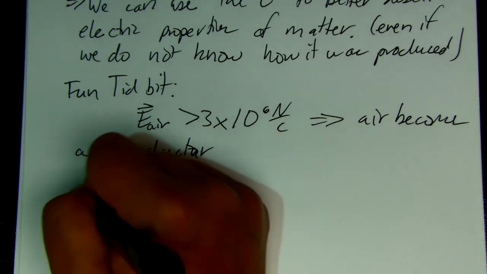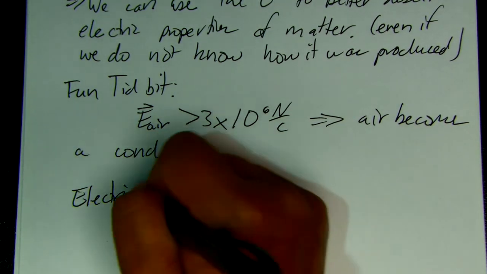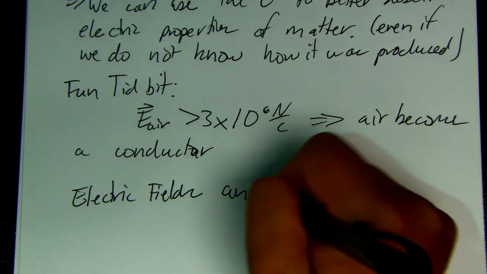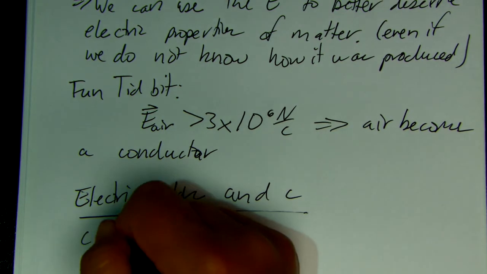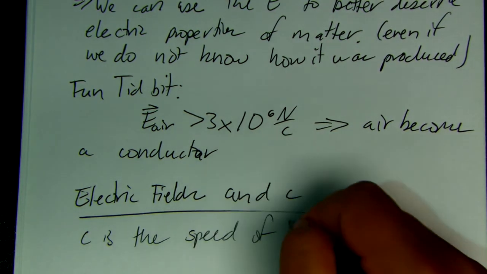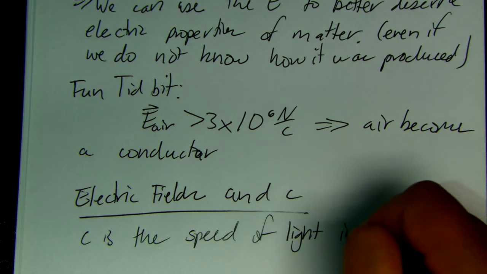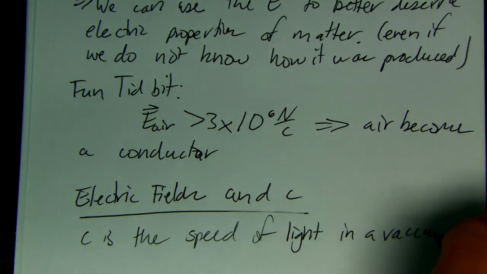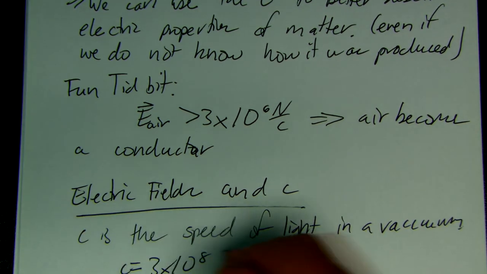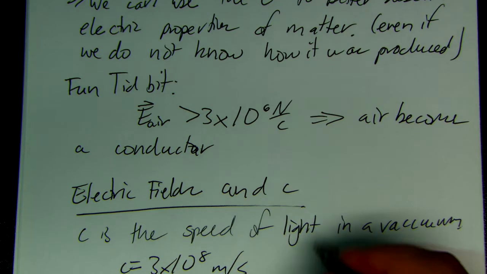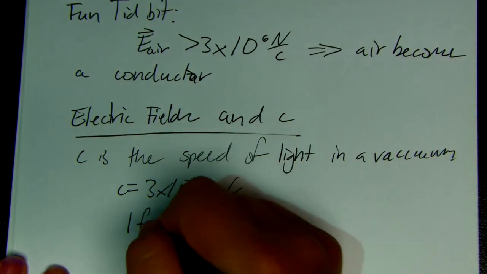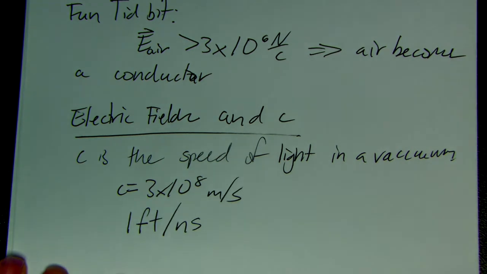Okay, so electric fields have an interesting relationship to c, where c is the speed of light in a vacuum, if we're going to be very precise, where c is equal to 3 times 10 to the 8 meters per second. And also, there's a really interesting consequence of that, is it travels 1 foot per nanosecond.